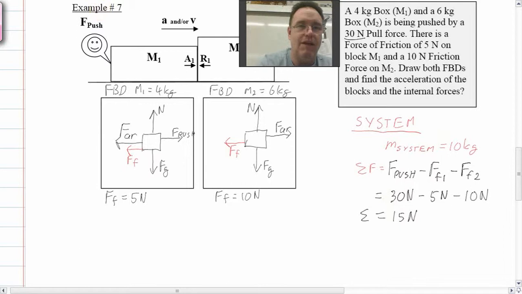Newton's second law, the sum of the forces is equal to F net, which equals MA.